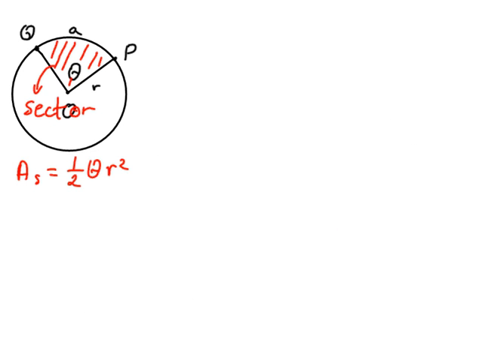Now we will define a segment. So connect Q with P. So this little tiny area here, shaded in green, is called a segment.